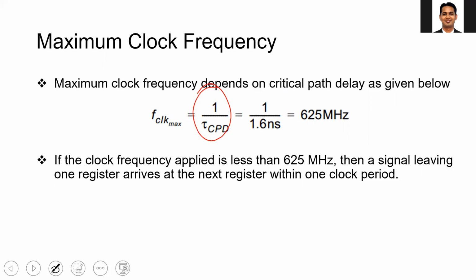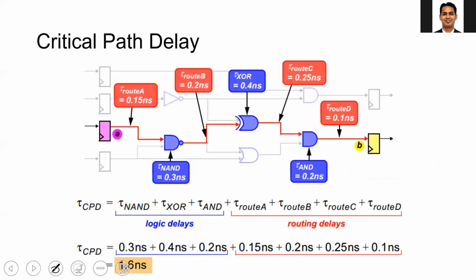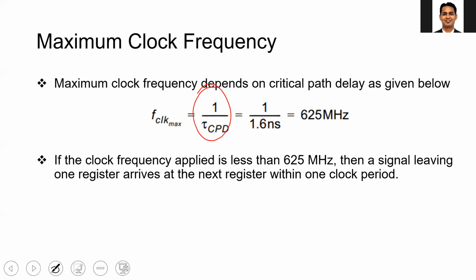So this indicates that the previous circuit can be clocked at a maximum of 625 megahertz. If you want a frequency higher than 625 megahertz, you need to do something in this circuit, otherwise it will not be functionally correct. As long as the clock frequency is less than 625 megahertz, this circuit will work fine.